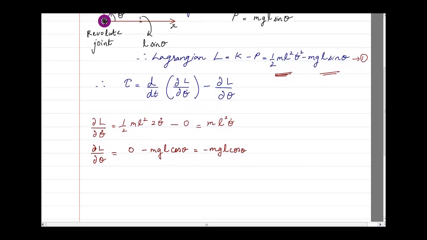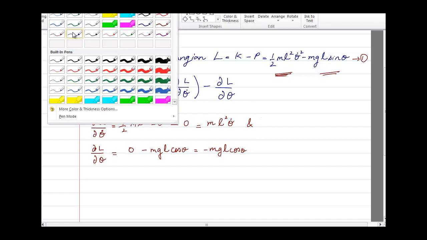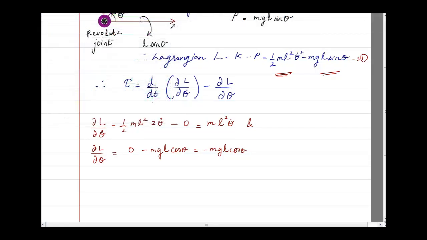Now, if I want to find out what tau is, then tau is basically the differentiation of dL by dt. So the first term I have to again differentiate with respect to time. So I will write here d by dt, because here I have d by dt. So d by dt of this term, which one?